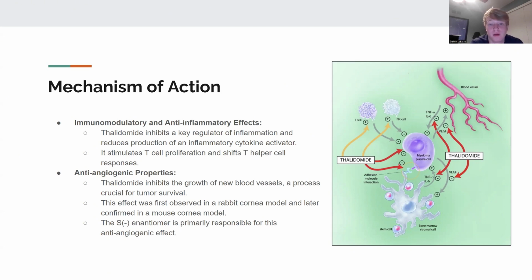It stimulates T cell proliferation and shifts helper T cell responses. And then the S minus enantiomer is responsible for the anti-angiogenic properties, which means it's inhibiting the growth of new blood vessels, which is how it is effective against things such as cancer.